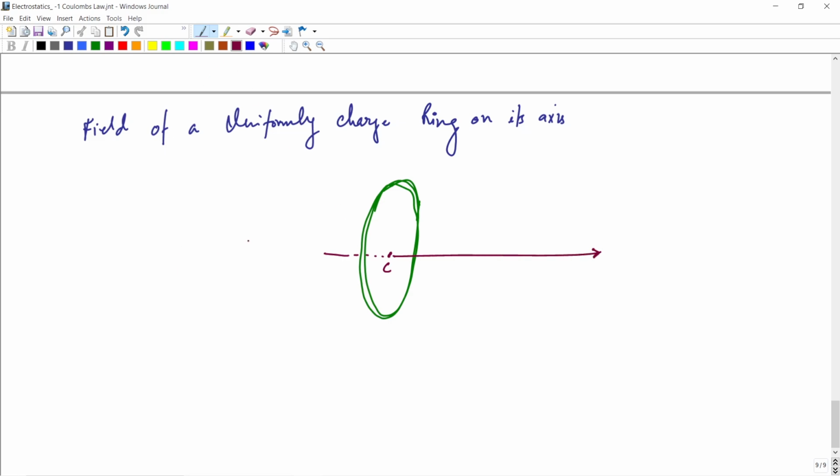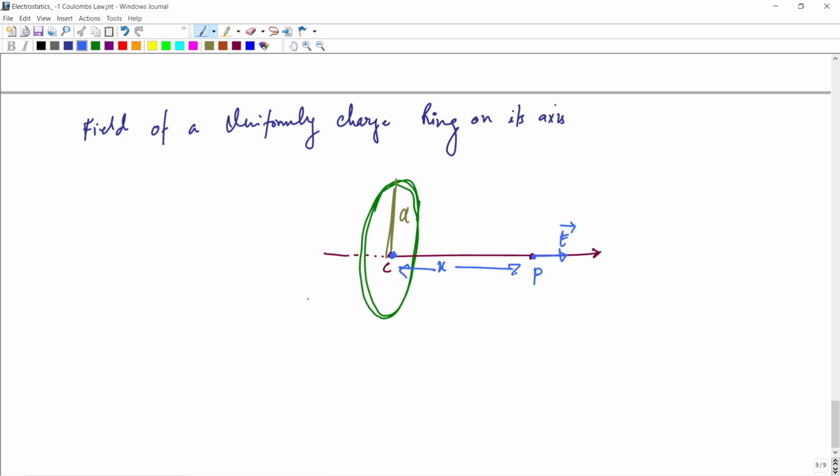The radius of the ring is a, and we calculate the electric field at this point P, with E in that direction. Suppose the distance from the center of the circular ring to point P is x.